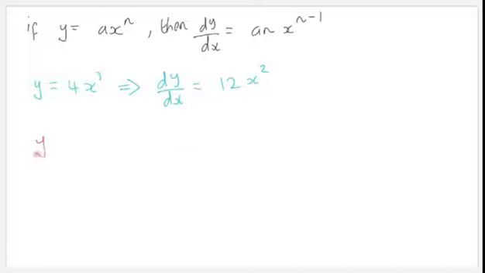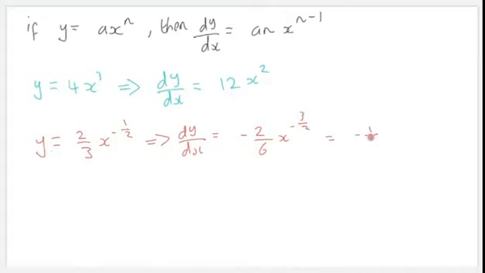Y equaling 2/3 x to the power of minus a half, same thing, implies that dy/dx equals minus 2/6 x to the power of minus 3/2, which simplifies to minus a third x to the power of minus 3/2, taking away 1 from the power.